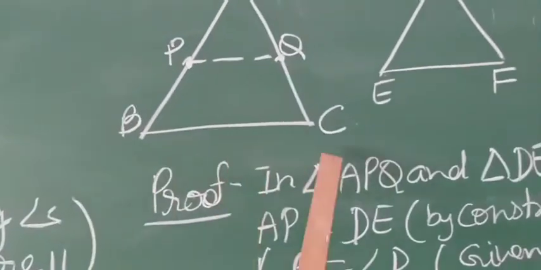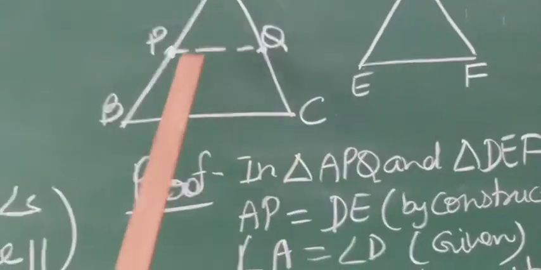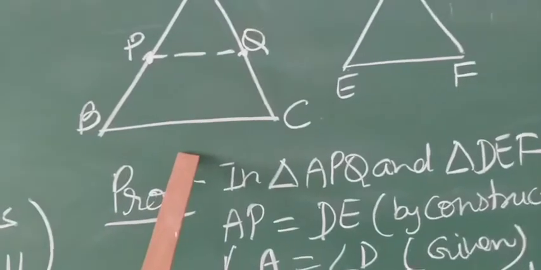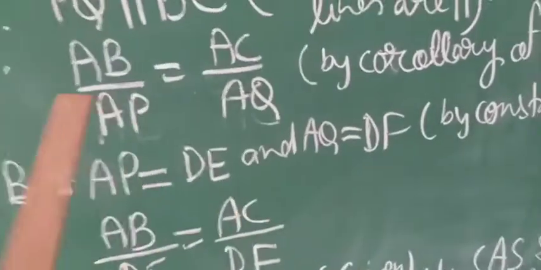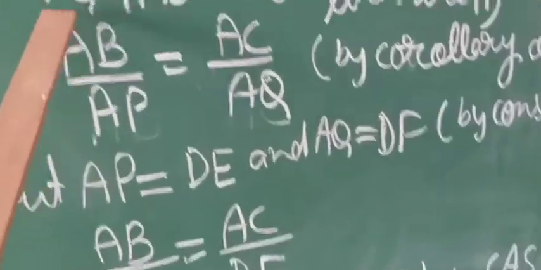So therefore, we can say PQ parallel to BC. When corresponding angles are equal, lines are parallel, students. Okay. So PQ parallel to BC.